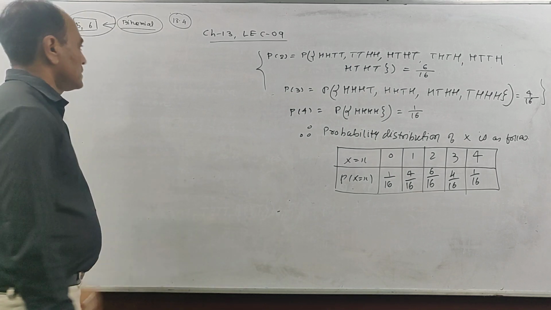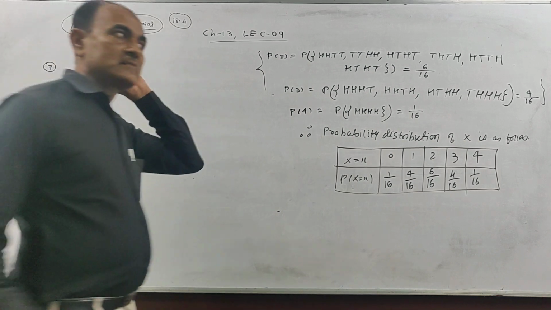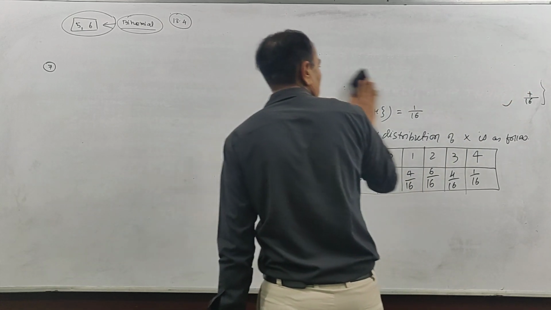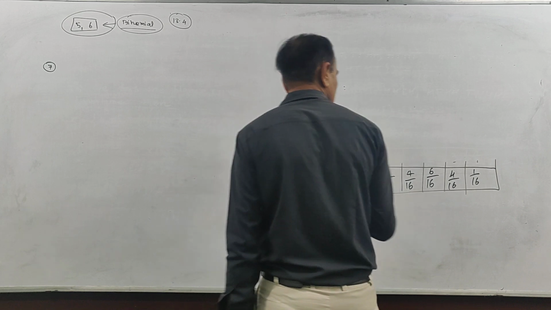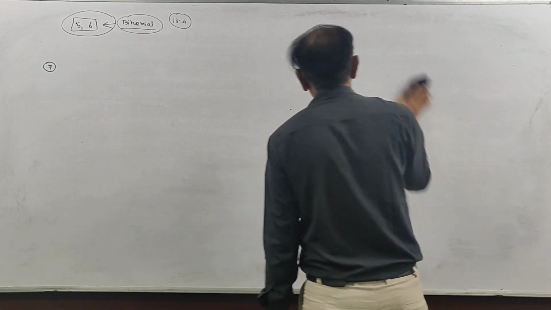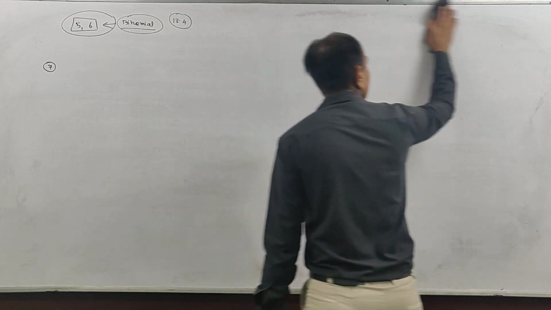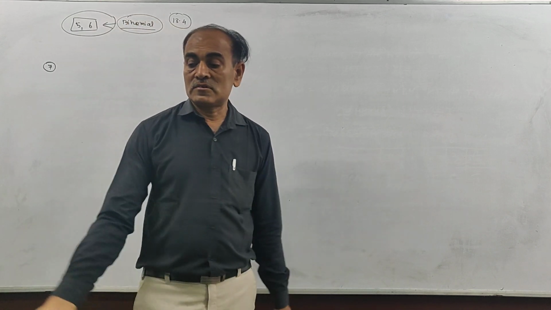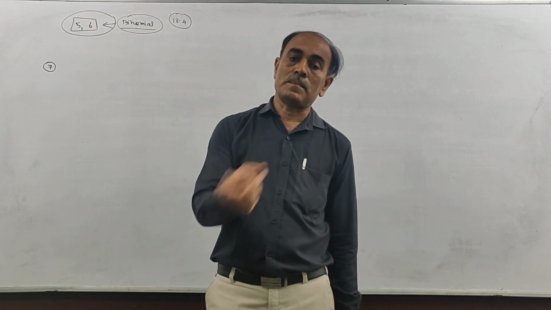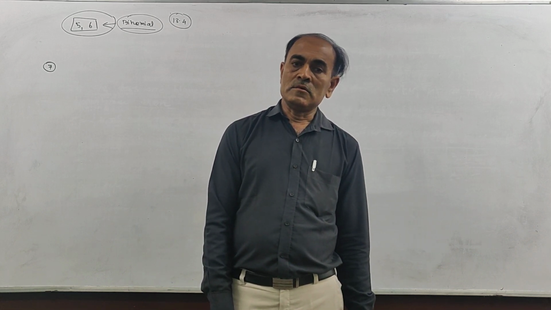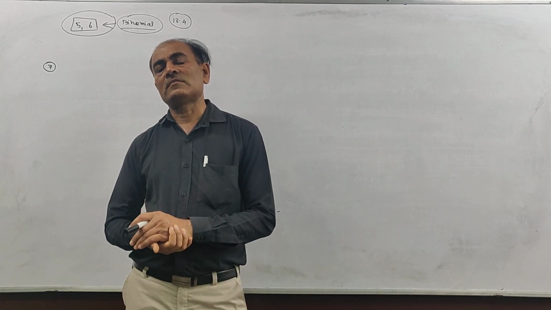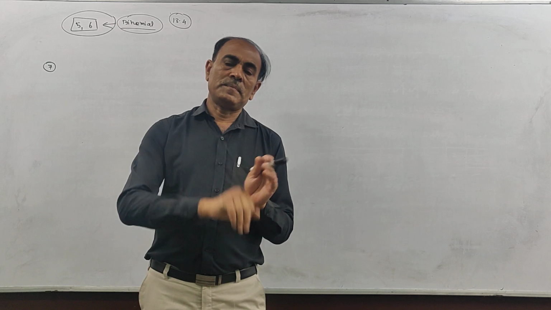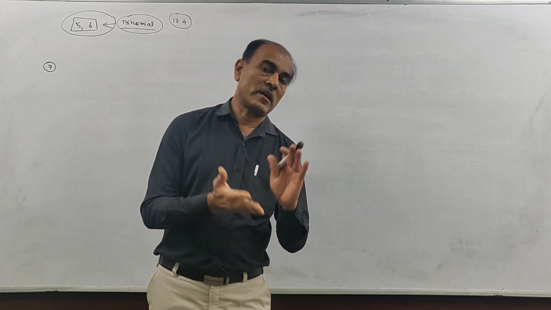Now example number 7. See, example number 7 says that a balanced coin is tossed, probability of getting head is 3 times the probability of getting tails. The chance of head is 3 times compared with the tail. Usually whenever a balanced coin is given to us, then there are only 2 possibilities, 50-50% chance of getting head or tail.